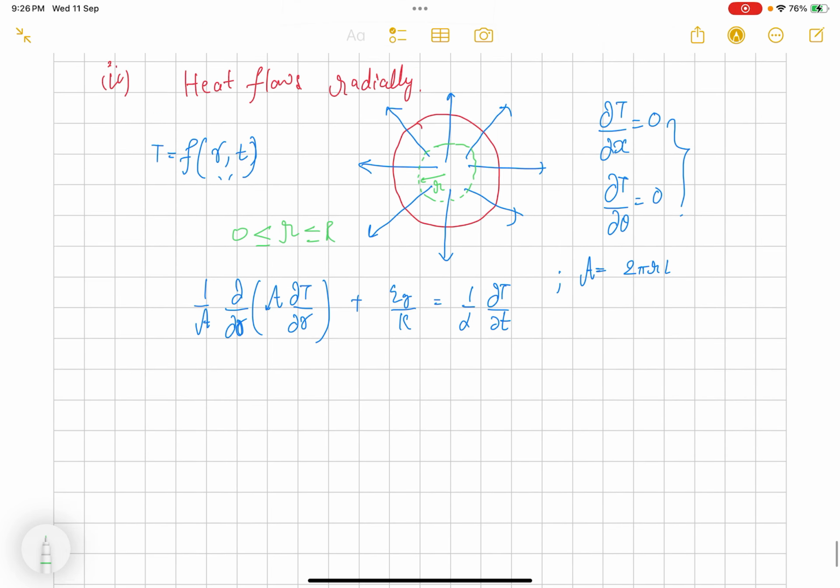So this cylindrical body, we can think of it as a wire, a solid wire or solid rod.